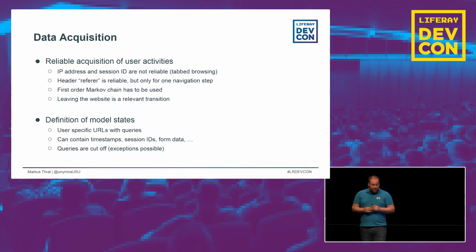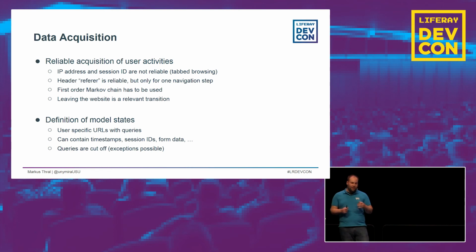So the header referrer is the only reliable source of information for the user navigations. And because we cannot use longer navigation paths, only the last steps, we have to use the first order Markov-Chain.